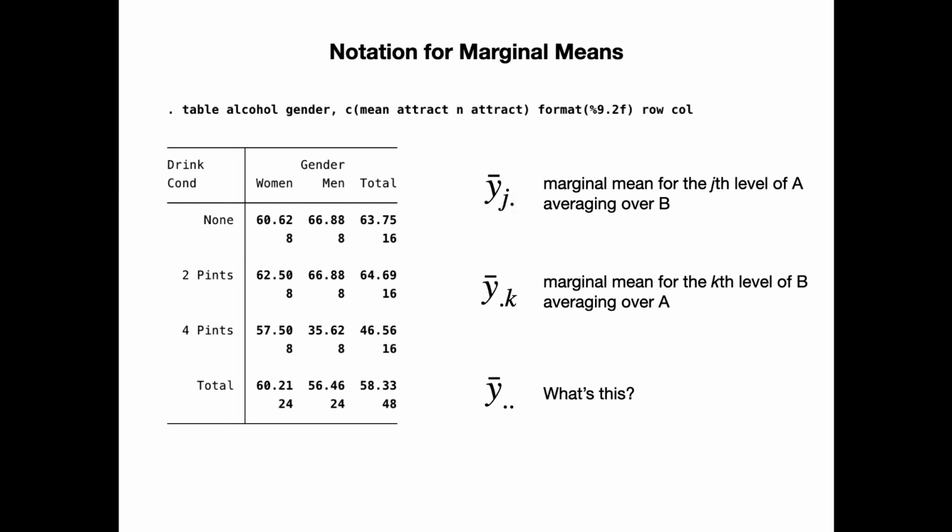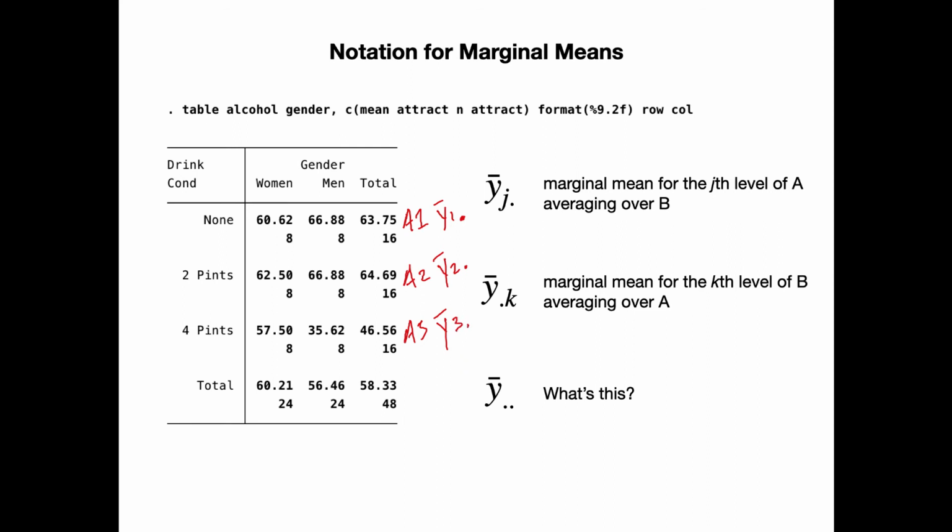That means that's the marginal mean for the jth level of A, because for A we had the marginal means for A1, A2, and A3. So A1 would be denoted as Y bar 1 dot. The dot means you're averaging over K. And this would be Y bar 2 dot and Y bar 3 dot.